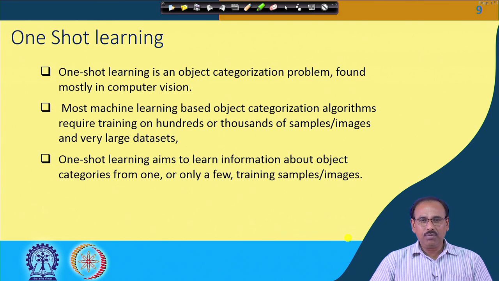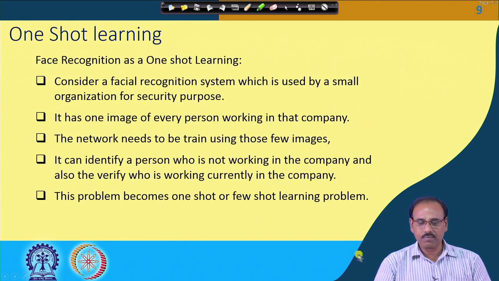But that may not be true when we think of designing a face authentication system or a face recognition system. One-shot learning tries to learn the face images or learn about the object categories from one or maybe very few available training samples. Now, why are the samples very few? What's the problem in getting a large number of images that we use in other machine learning algorithms?